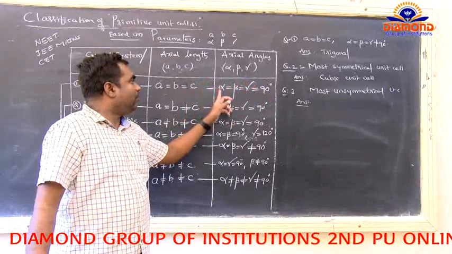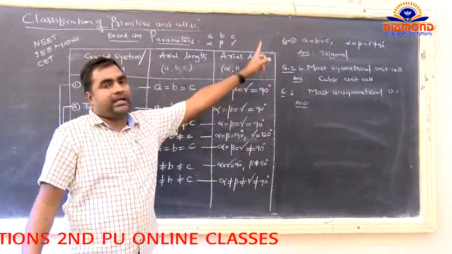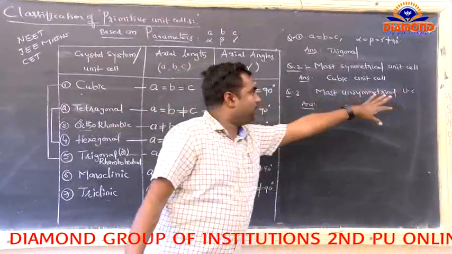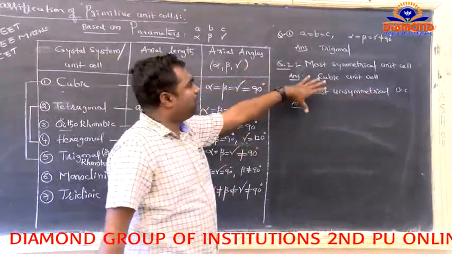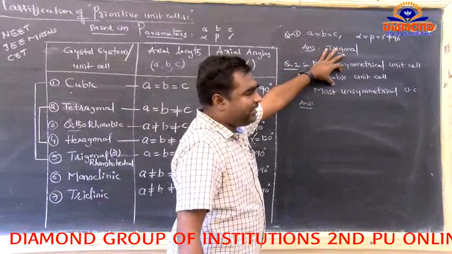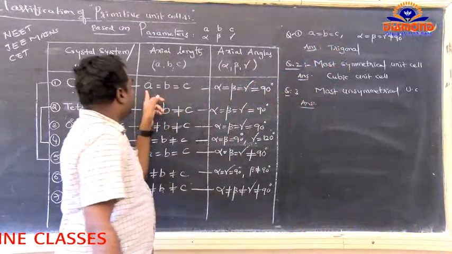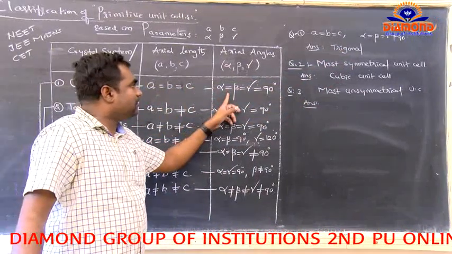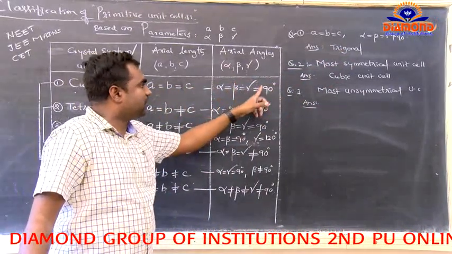So it is the most symmetrical unit cell. Now the most unsymmetrical unit cell is quite opposite to the cubic. Remember, A is not equal to B, not equal to C, and alpha not equal to beta, not equal to gamma, not equal to 90.